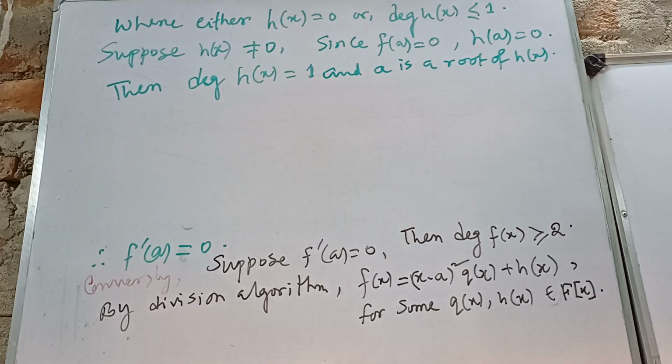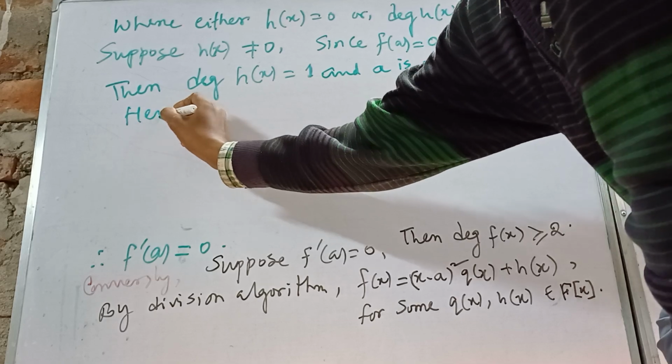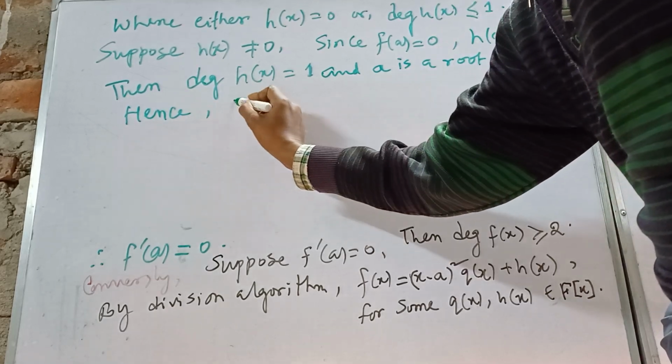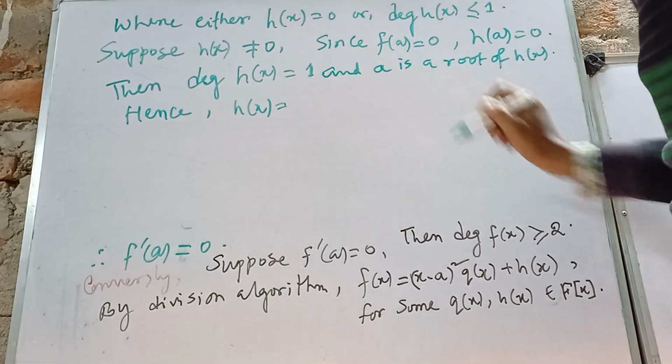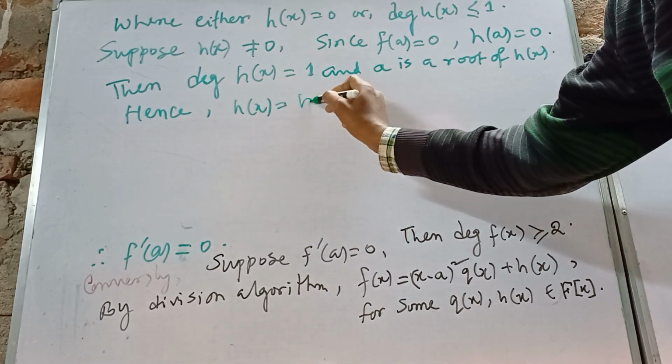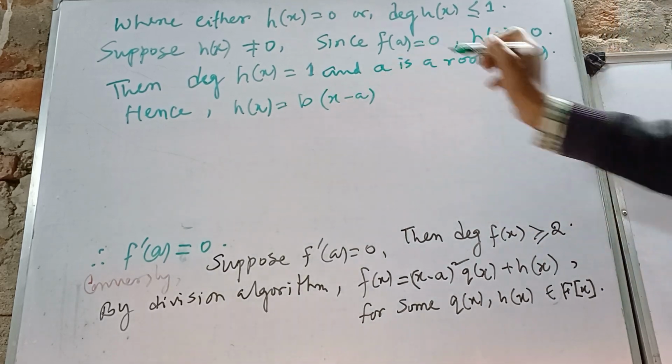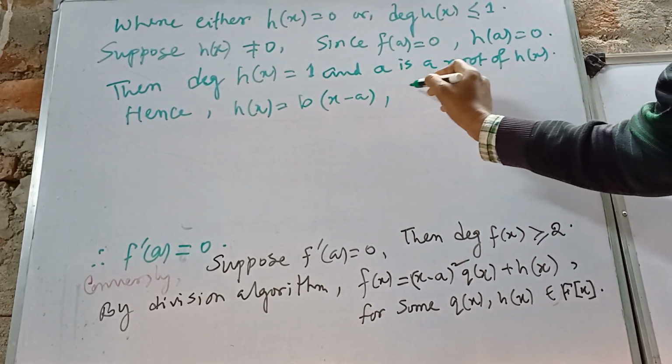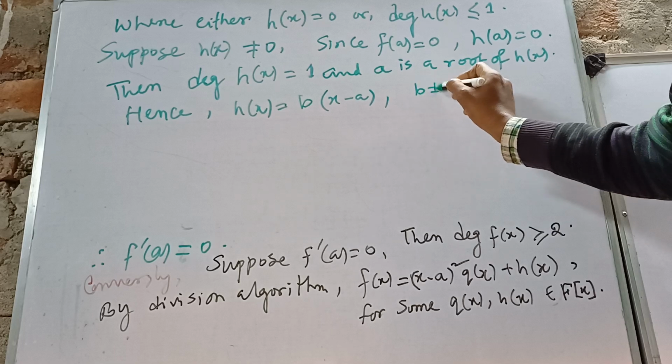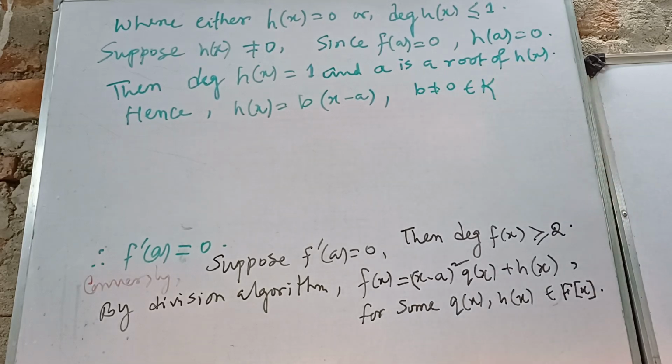So hence h(x) equal to some constant multiplied by (x minus a), here b not equal to 0 belongs to k.